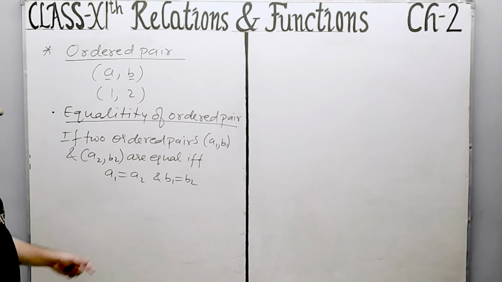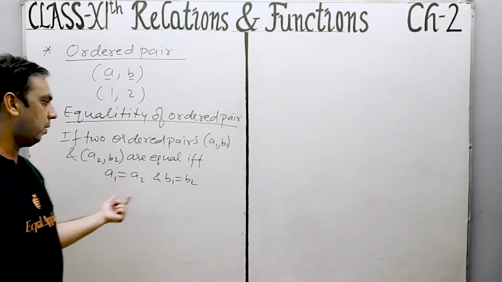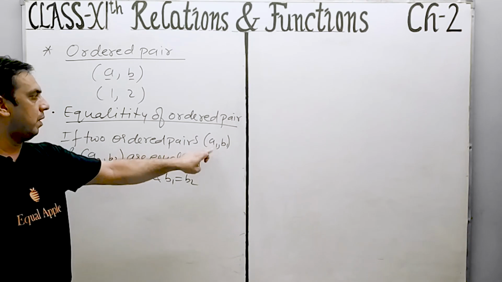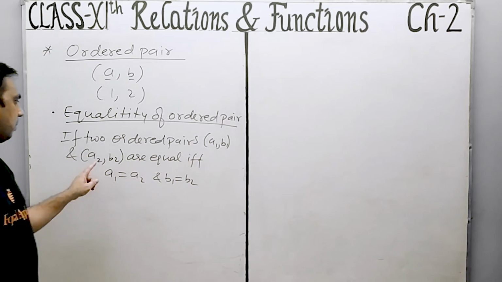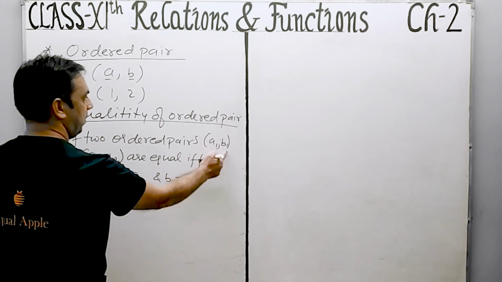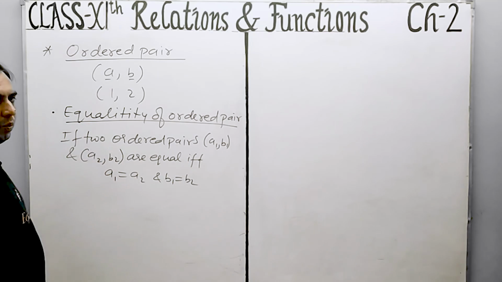It means that if we have any two ordered pairs, they can only be equal if the first element of this pair is equal to the first element of the other pair, right? (a1, b1) cannot be equal to (b2, a2), right?